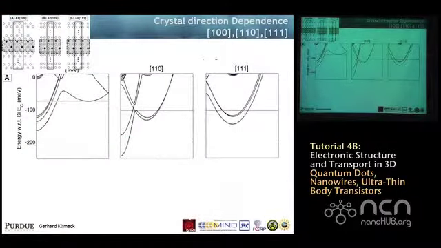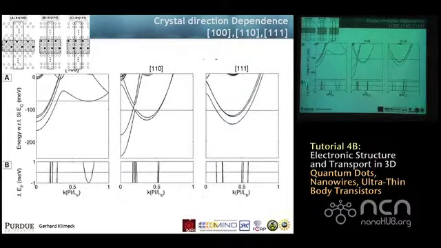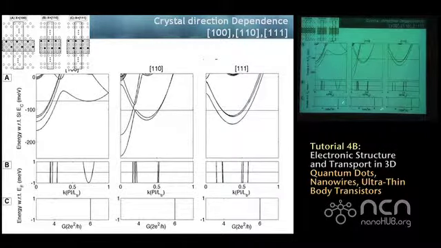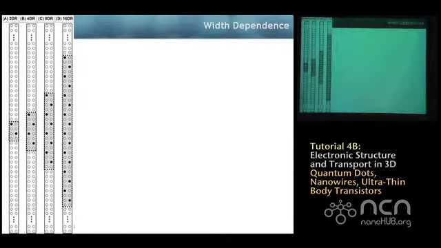Okay, so now you can compare 3 different crystal directions, and if you actually did this in 111, it would still be looking different. You can count the states at the Fermi level, and you can conclude that the conductance doesn't change, but the details of the band structure change. Okay? Now you can ask yourself, what happens if you make that wire wider and wider?